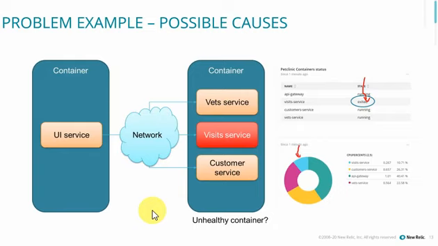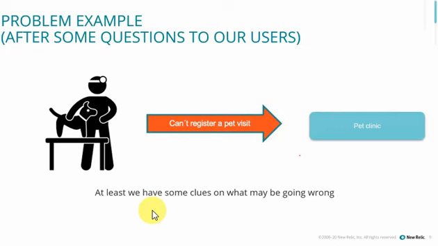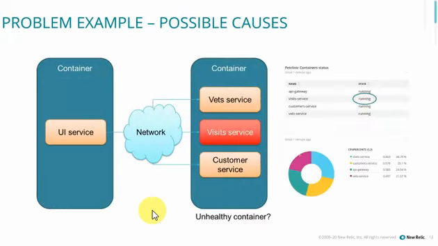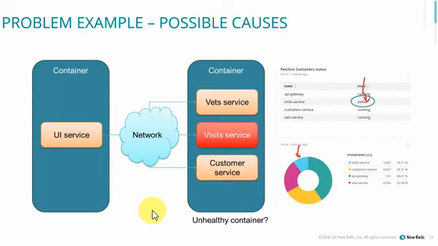And just looking at this, what do you think may be the problem? Having the experience from the vet that said, I cannot register a pet visit, everything else is working. And then you see this kind of thing on the New Relic interface. What would you say is the problem, thinking that we have our distributed pet clinic application?